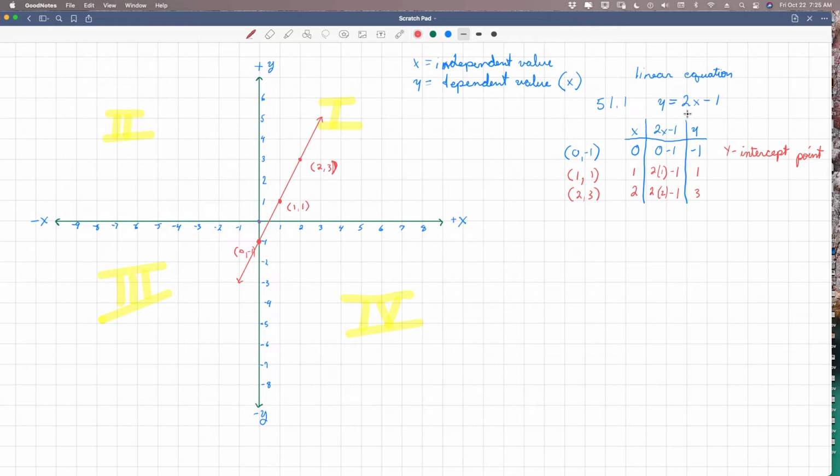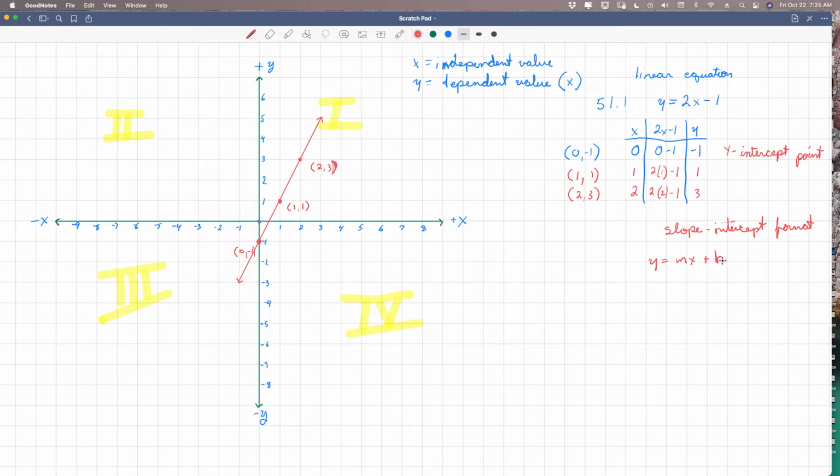So these are the parts we need to worry about. This has an absolute format. And the format for this, it's technically called slope intercept format. And the format is y equals mx plus b.